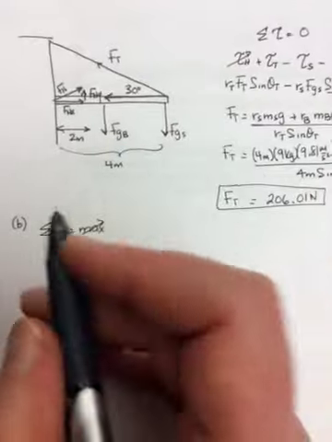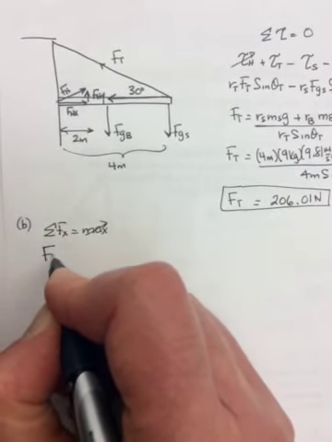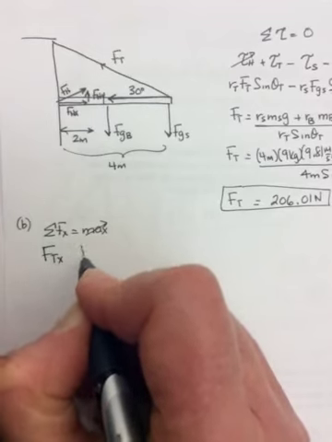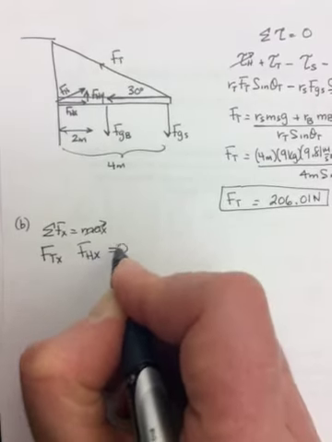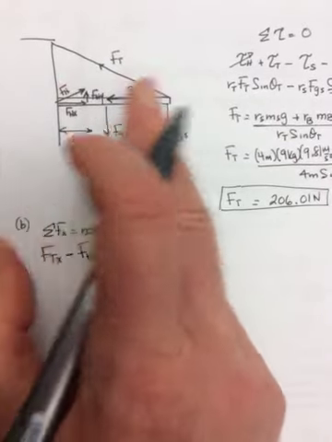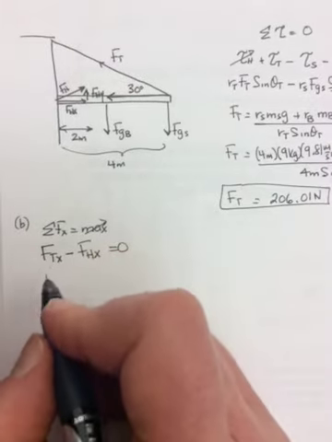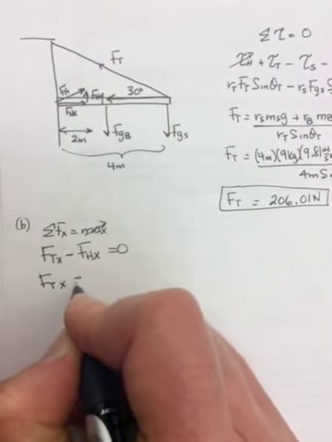The two weights don't. So when we do the sum of the forces in the x, we'll have Ftx and Fhx equal to 0. One way is positive, one way is negative. It really doesn't matter which one you call positive, which one you call negative, because in the end, they're just going to be equal to each other.